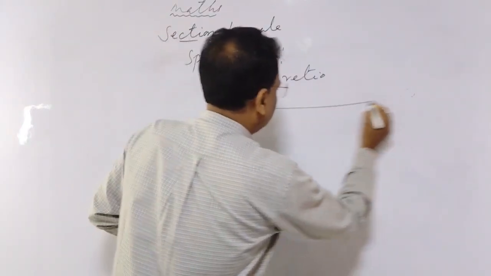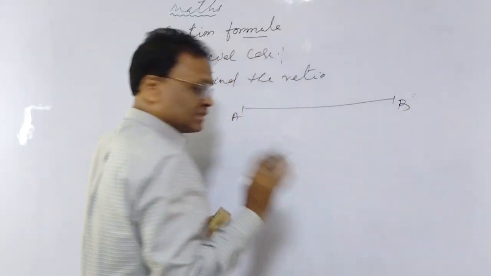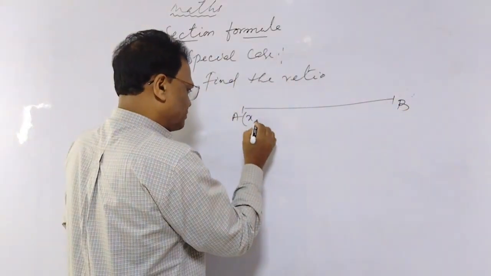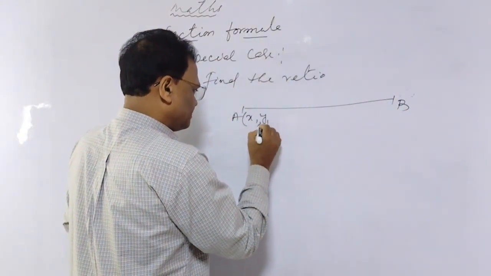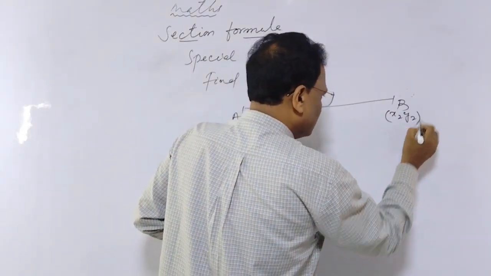Let me draw the figure. Suppose this is a line segment, and the coordinates of this end are x1, y1, and the coordinates of this end are x2, y2.